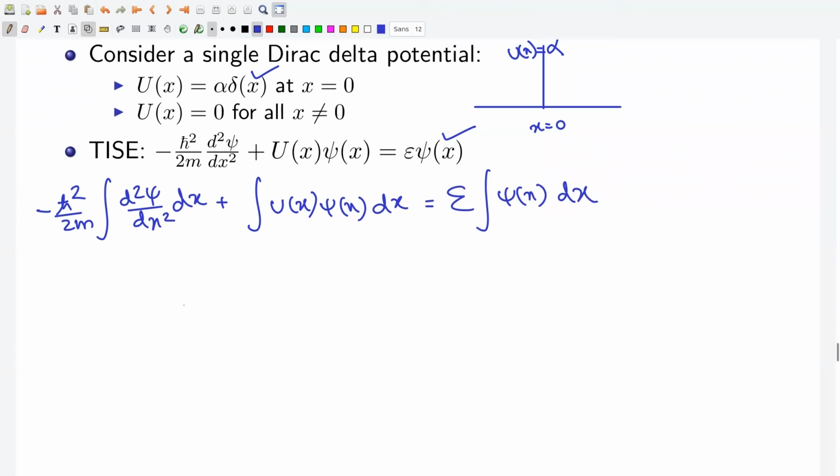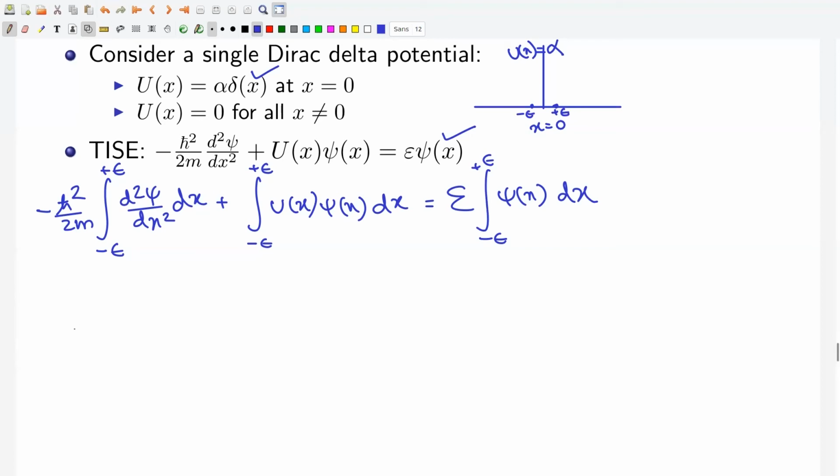Now we set the upper and lower limits of the integral to plus epsilon and minus epsilon. Epsilon is some small number chosen arbitrarily. For example, we can choose this as minus epsilon and this as plus epsilon.